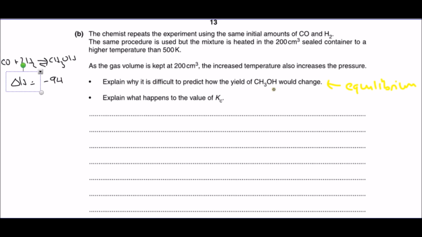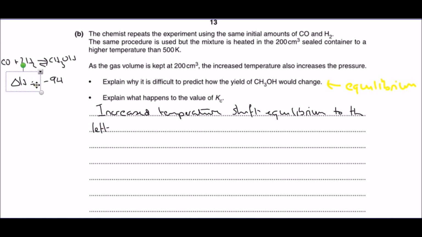So why is it difficult to predict how the yield of methanol would change? Right, so they're increasing the temperature, so let's deal with that first. Increased temperature shifts equilibrium to the left.